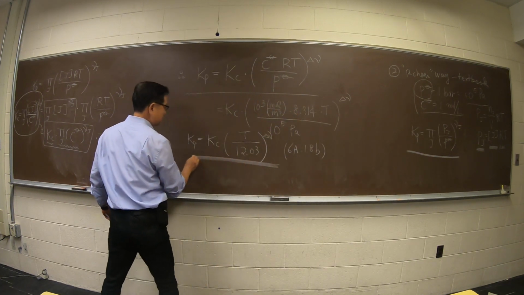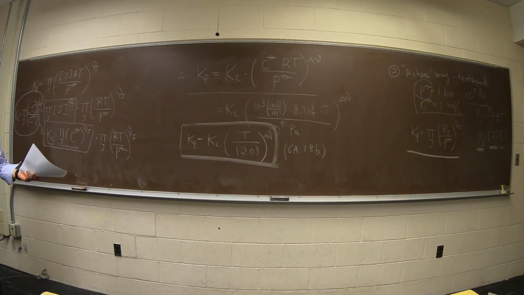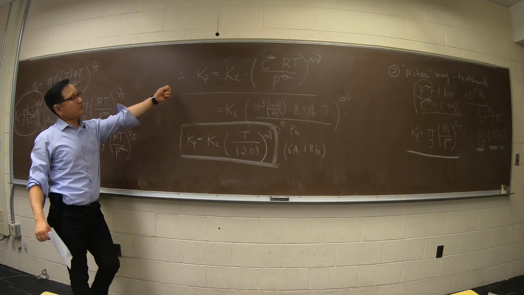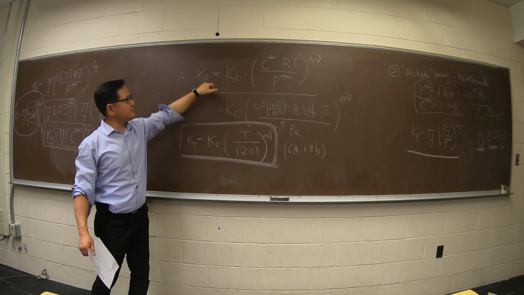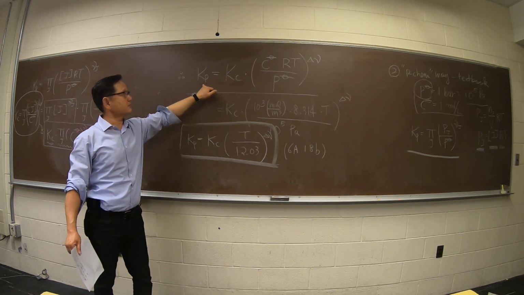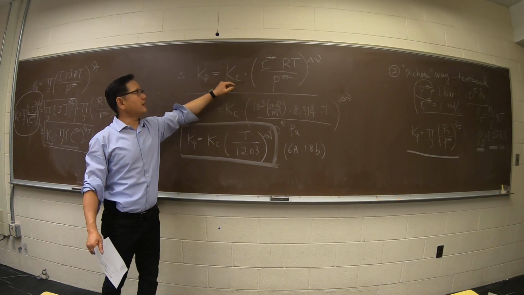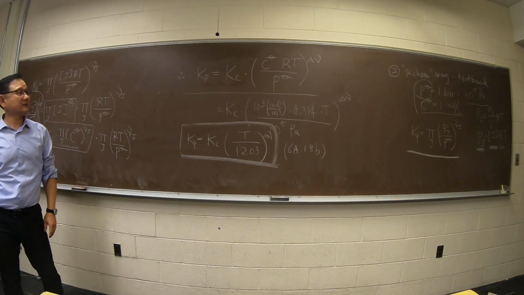I think it's not important or necessary for you to even remember this equation. I don't think it's important for you to memorize it. All you need to remember is that depending on how you define the pressure and the concentration, particularly for gases, concentration can mean mole per liter, or concentration can mean the pressure itself, and that is your choice of concentration unit.